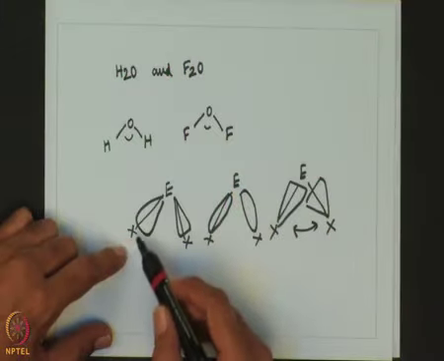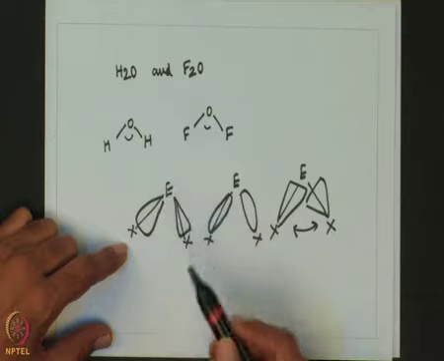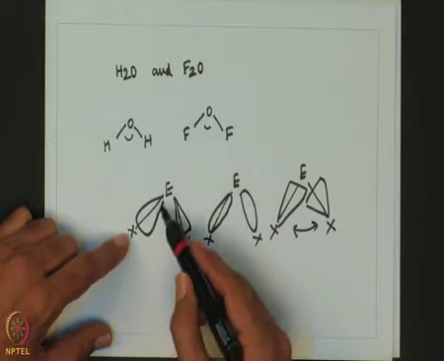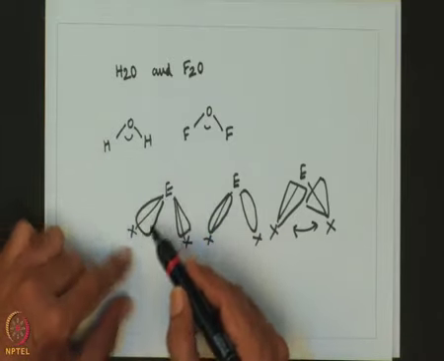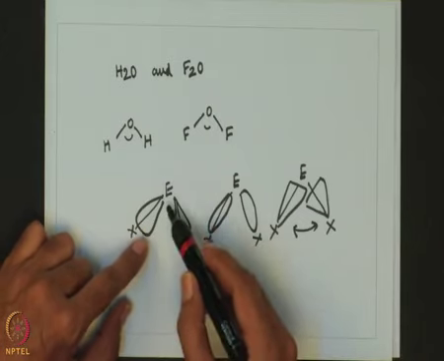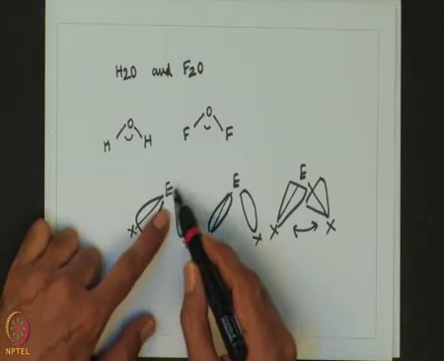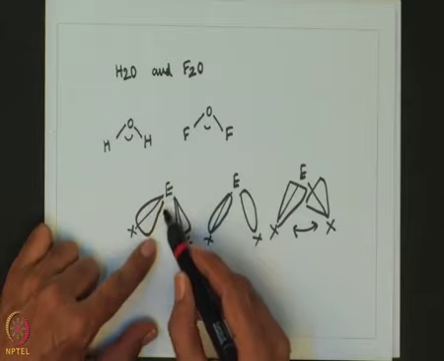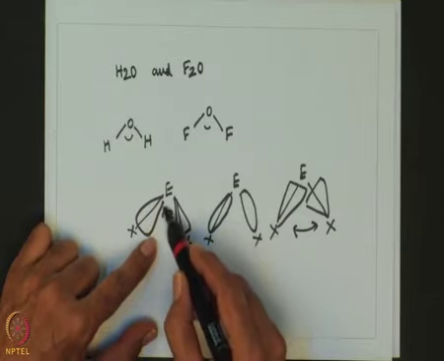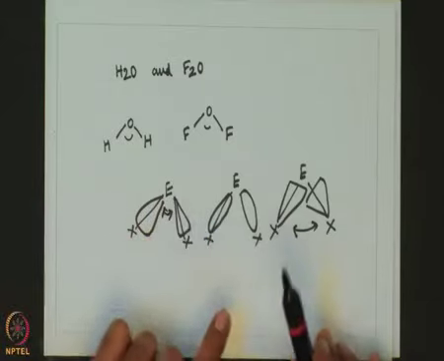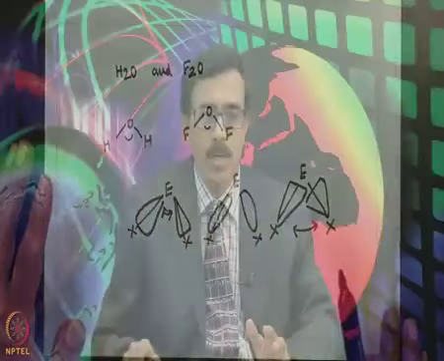If the electronegativity of the peripheral atoms is much larger compared to the central atom, in this case what happens, the entire electron density is pulled towards this one. As a result, electron density at the central atom diminishes, as a result bond shrinks. Okay. If you just remember these three basic principles, one should be able to explain the bonding, the trends and all those things without any difficulty.